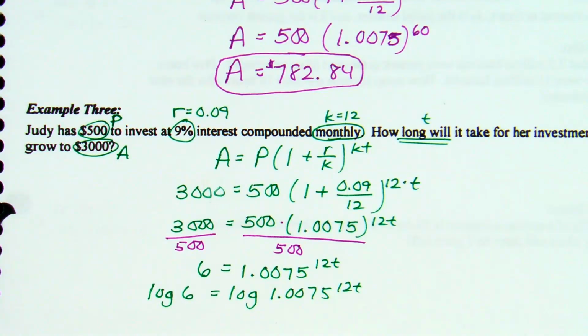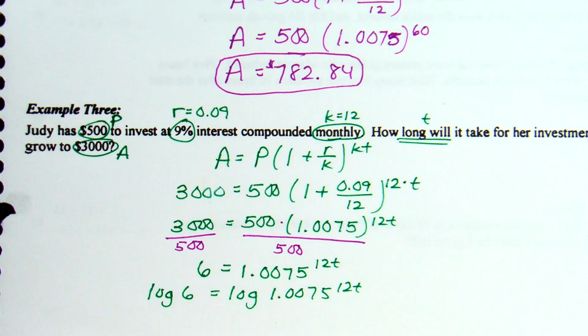What was the point of taking the log of both sides? I don't want to divide right now. You take the 12 and put it out front. That 12t, remember our power rule? 12t has to go out front, yes?